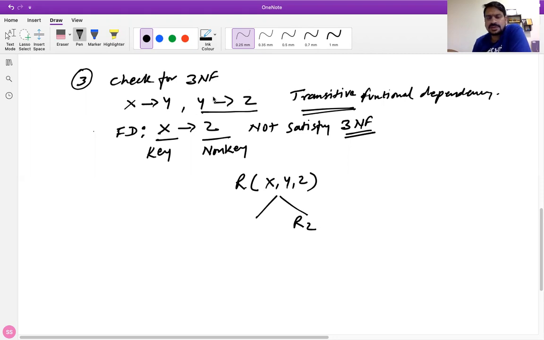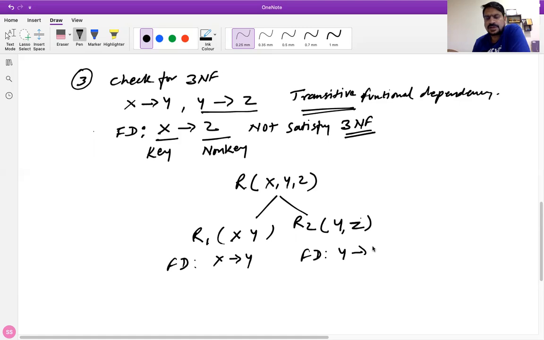So we'll put YZ in one table and XY in another table. For one the functional dependency is X determines Y, and for the other it is Y determines Z. So in the R1 table, X is the key, and for the R2 table, Y will be the key.